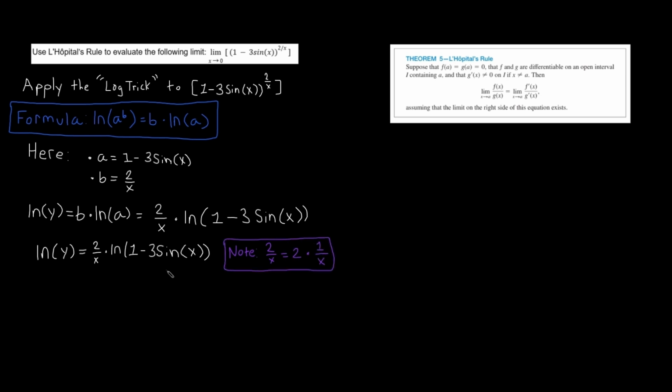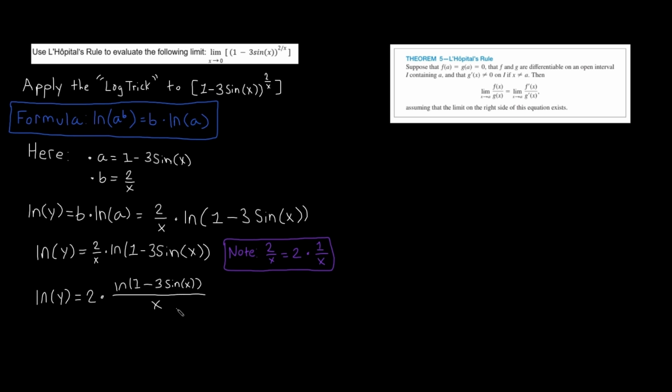So that means that we can rewrite this. The reason that we rewrote this is because it lets us see clearly if we have an indeterminate form, like 0 over 0. And this is a lot easier to recognize if it's in fraction form.